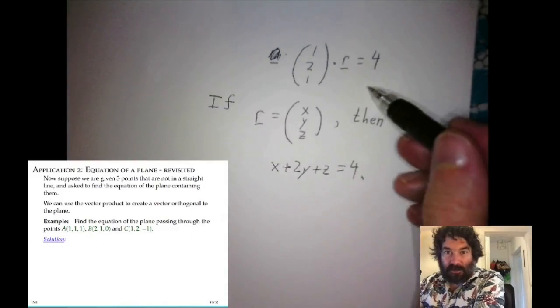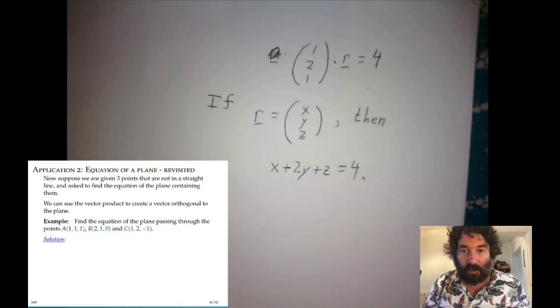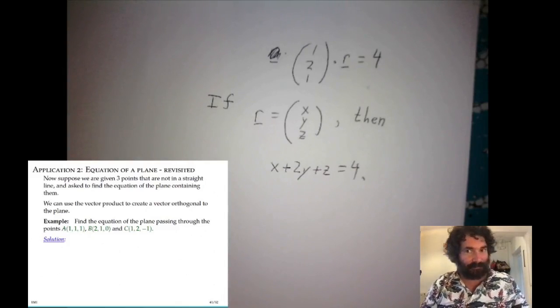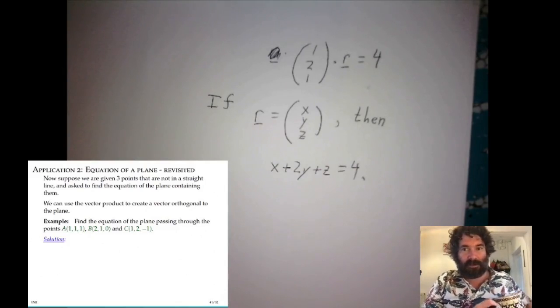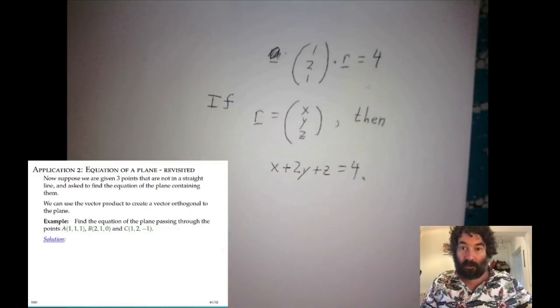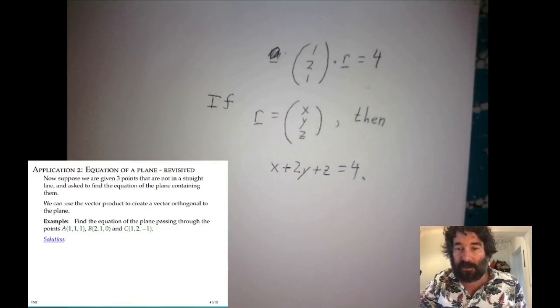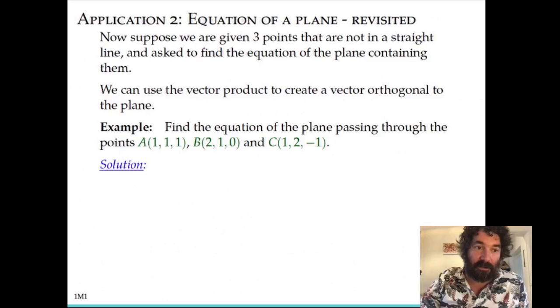Right, so these two equations are saying the same thing, giving the equation satisfied by all points on this plane. Okay, so this is how we can find the equation for all the points on a plane when we know just three points in the plane. We first find two vectors tangent to the plane, then take the cross product to find the normal vector.